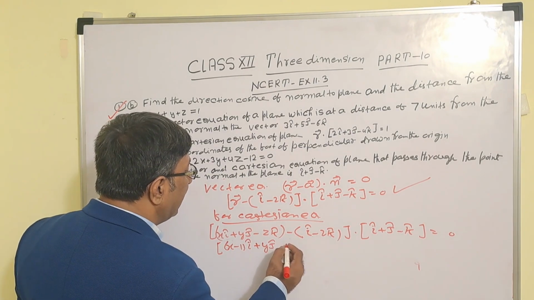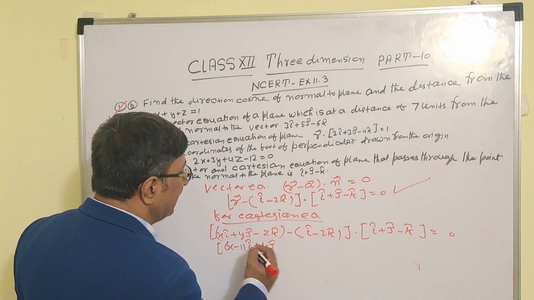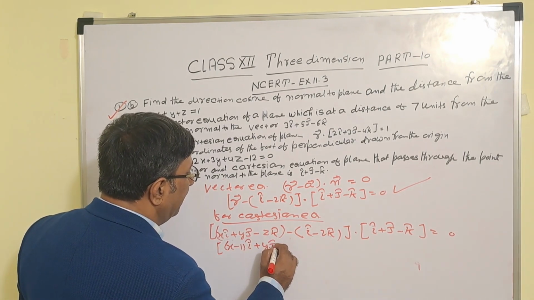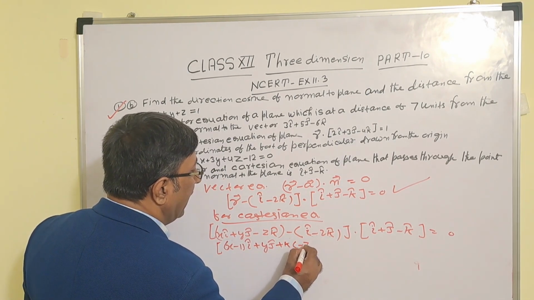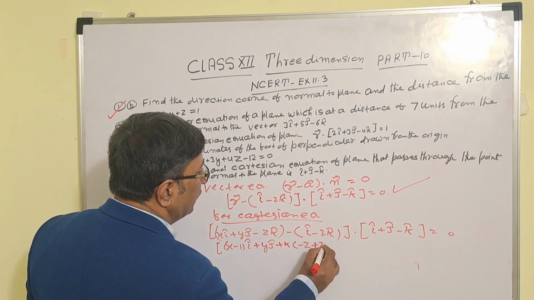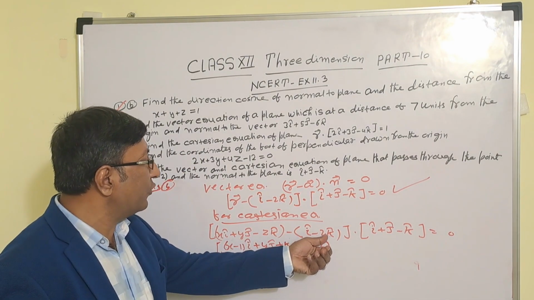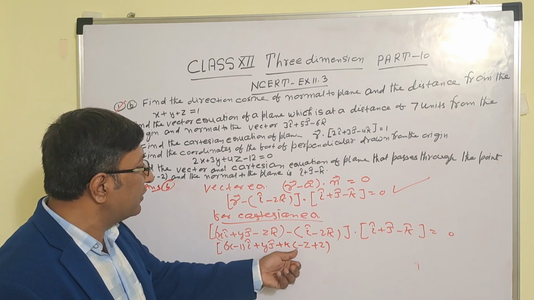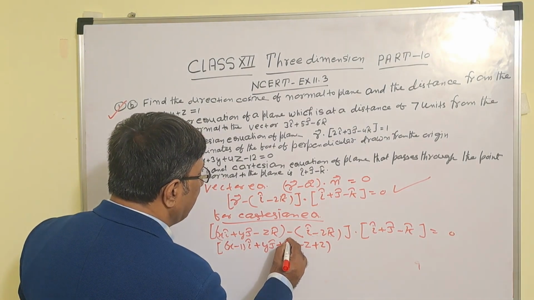So if we take k common, we write k into minus z plus 2. This is minus zk and here plus 2k, so k is common, so this is minus z plus 2 unit vector k, right?